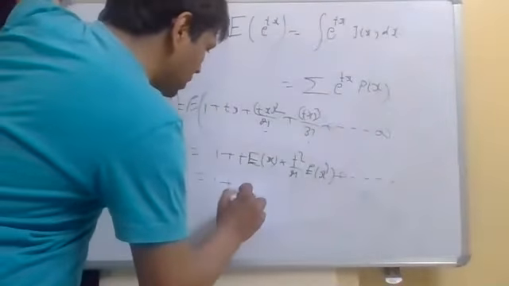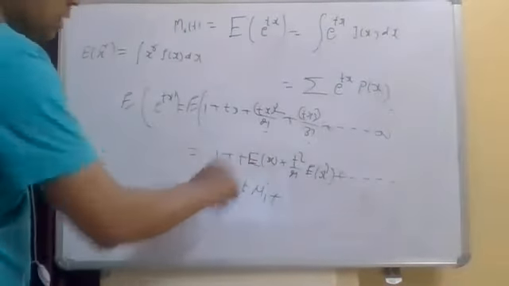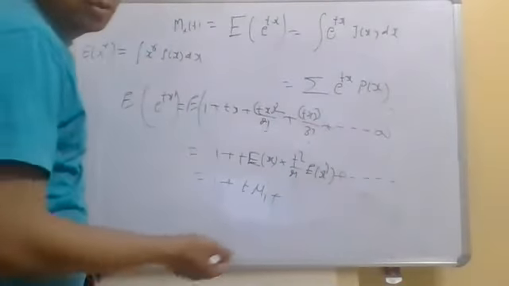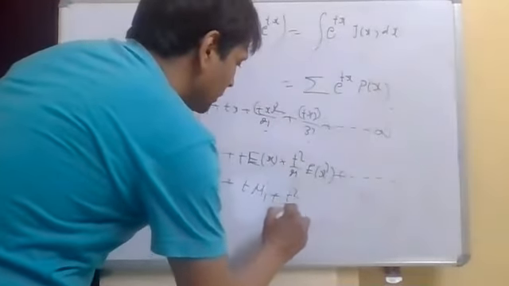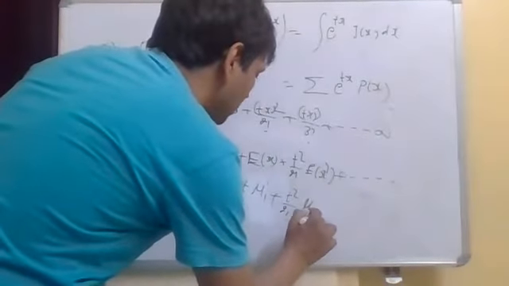So we can write 1 plus t mu1 dash, where mu1 dash is nothing but the expectation of x, and mu2 dash means the expectation of x square, so we write plus t square by factorial 2 mu2 dash.